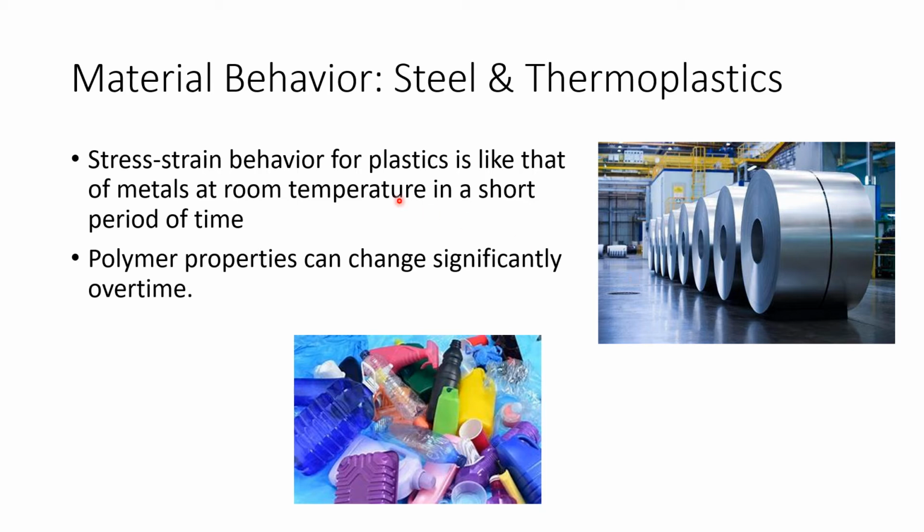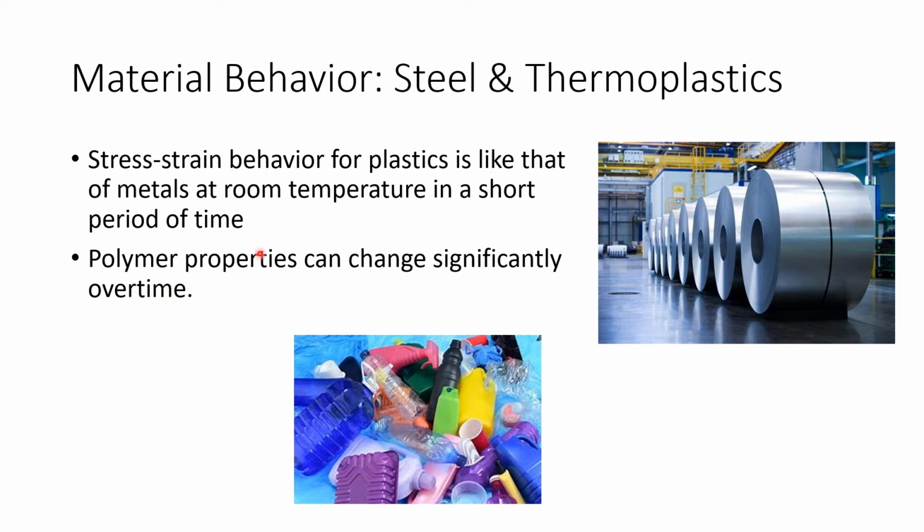Now I'll get into material behavior, and we will take a look at steel and thermoplastic. So that's your steel and that's your thermoplastics. The stress strain behavior for plastic is like that of the metals, and that's true only when they are at room temperature and in a short period of time. Polymer properties can change a lot and they can change significantly over time.